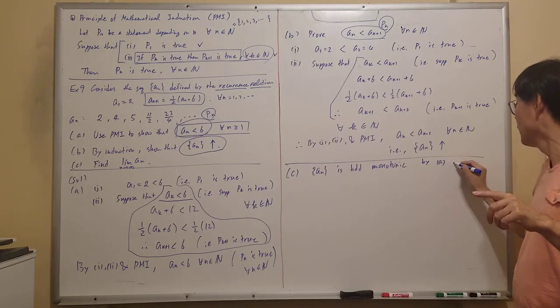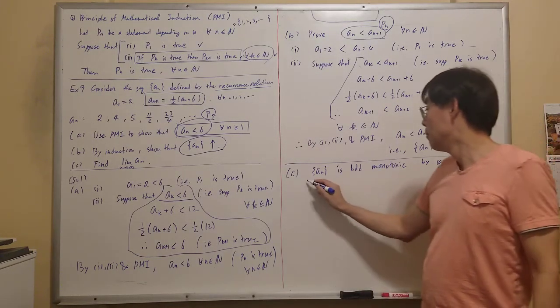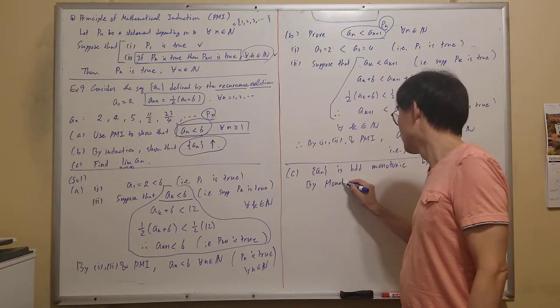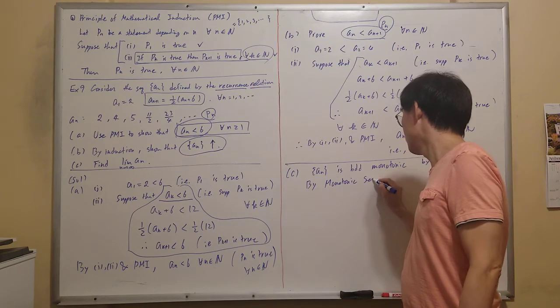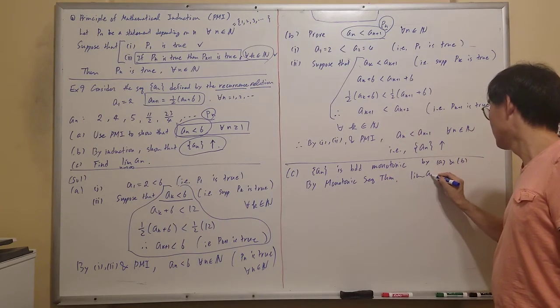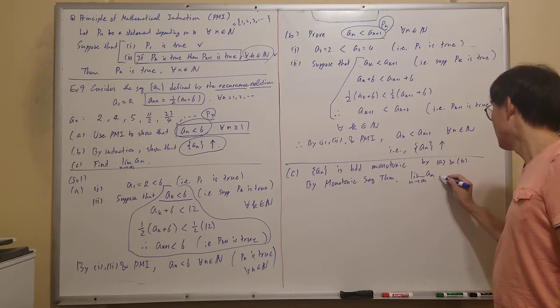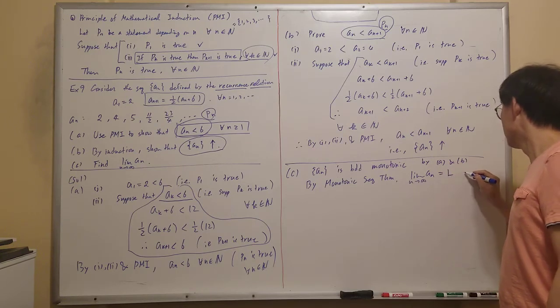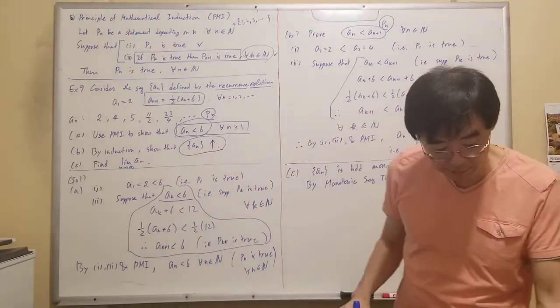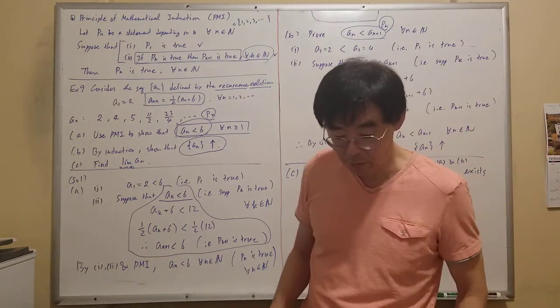By A and B, by the monotonic sequence theorem, the limit of an, I'm going to call it L, exists. See? Convergent means the limit exists.